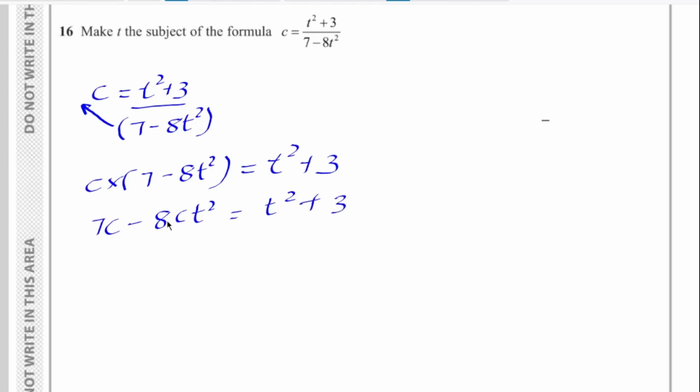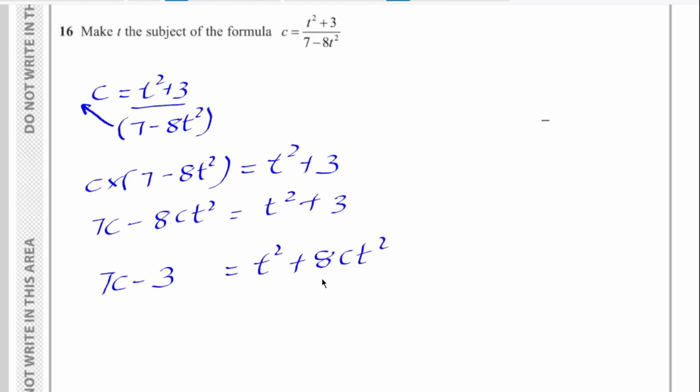Now t is split in two places. Therefore, I need to collect it to one side. Since this is negative, I'm going to send it to this side. It is okay to bring it to this side as well. Then this will also be negative. Since I'm sending it to this side, this will get positive. And let's bring this one to this side. It is already positive 3. Then when positive 3 comes to this side, it becomes negative.